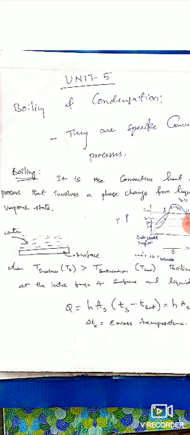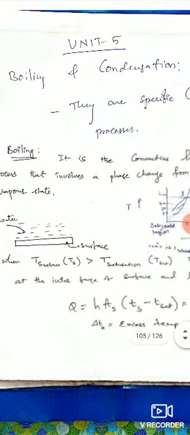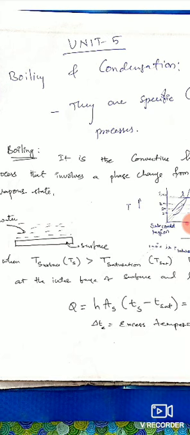Now, in general, you have a hot surface and we have a liquid, say it is water. When the temperature of the surface keeps on increasing, the bottom layers will get heated up, and because of the convection currents the complete liquid will get heated up.